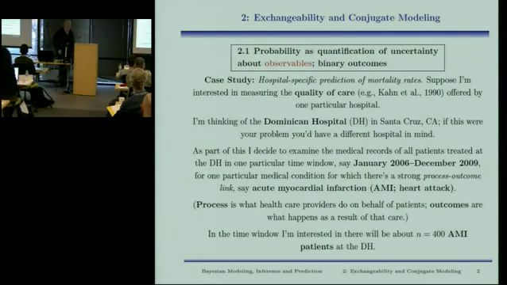I do a lot of my applied work with people in the division of research of the Kaiser Permanente hospital chain in Northern California. We are often trying to measure the quality of care that a hospital delivers to its patients. And one of the important aspects of quality of care is looking at the outcomes of that care.